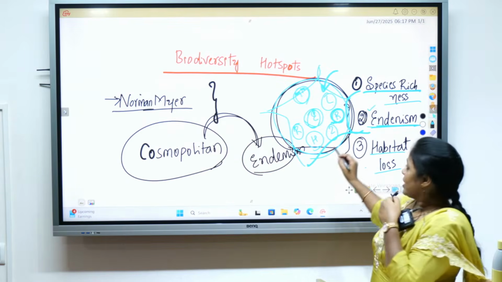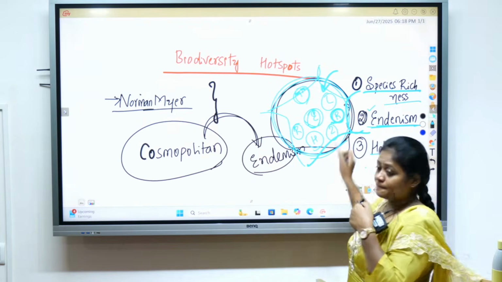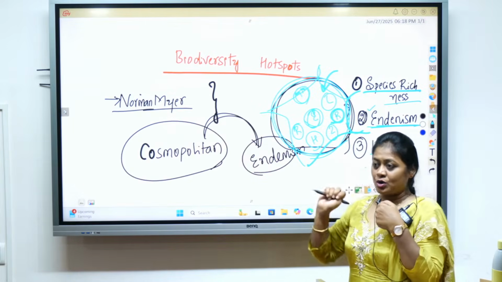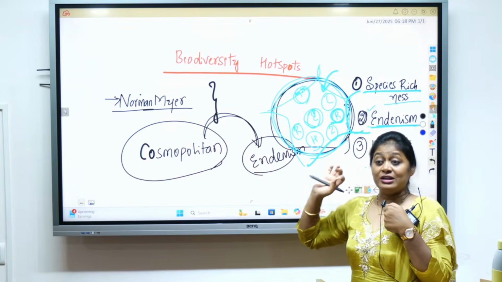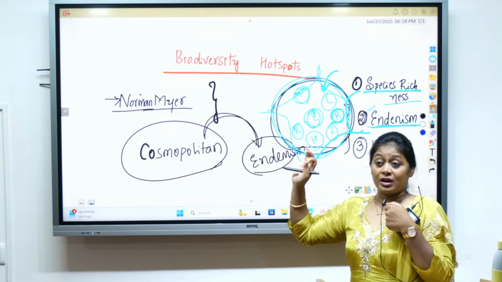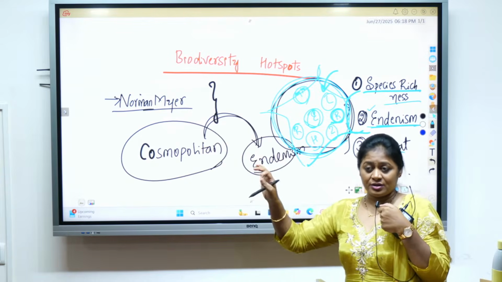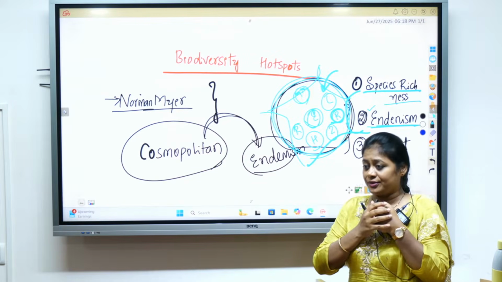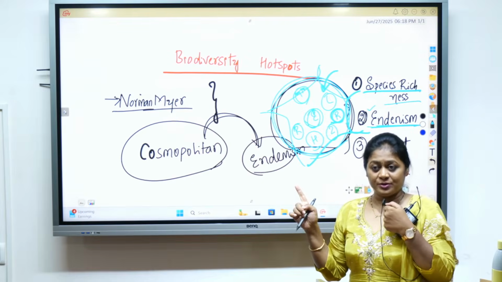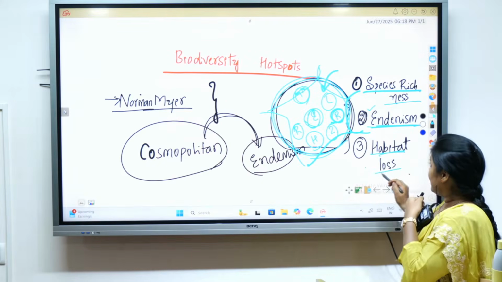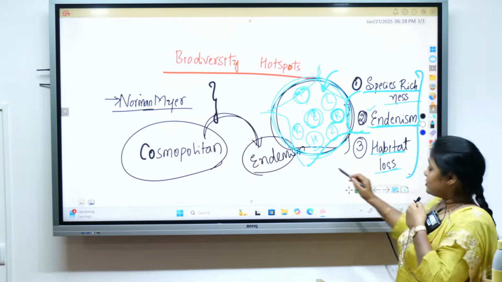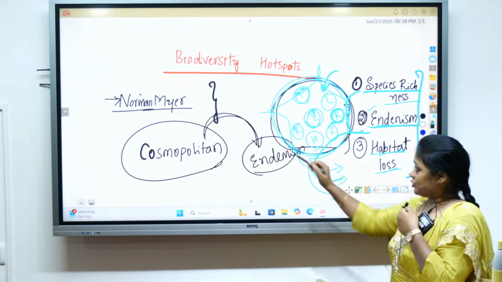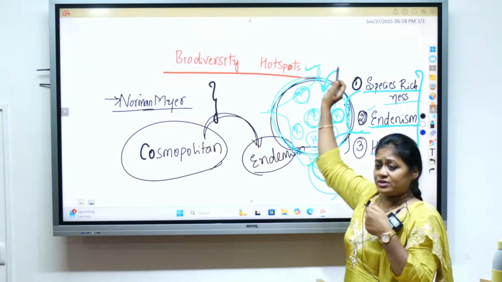Due to expansion of agriculture, urbanization, industrialization and other anthropogenic activities, the habitat of those species is shrinking. Then it is said to be habitat loss. If any ecosystem has these 3 characteristic features, then it is said to be a biodiversity hotspot.